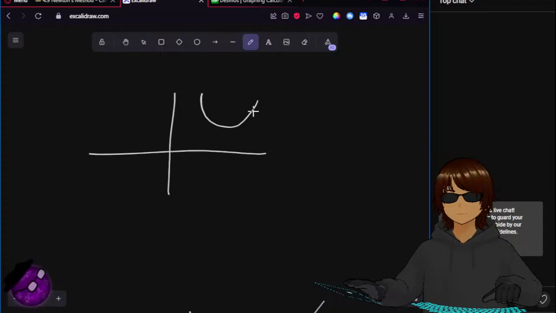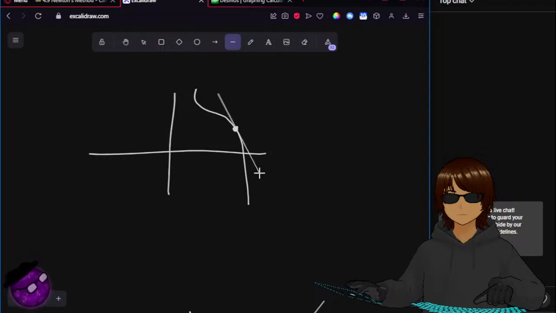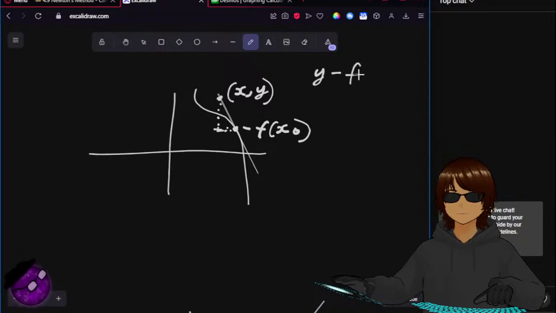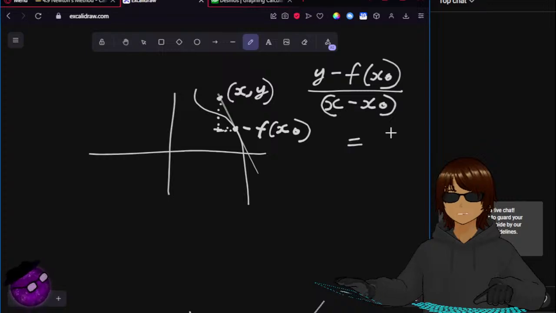So if I take this, which is f of x0, and I take a random point, let's say x, y, so this gradient is the difference in y divided by the difference in x. That basically is this gradient.